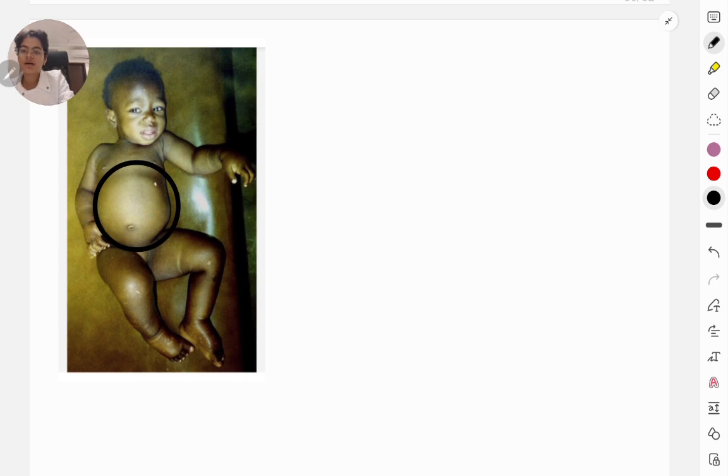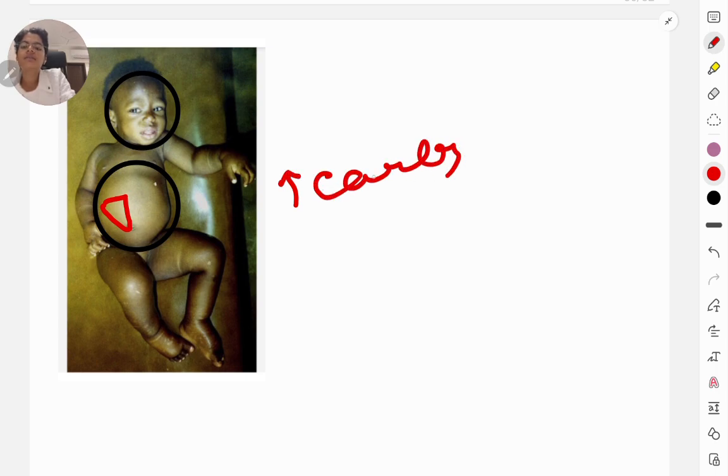Okay. There is a moon face. Then I think the liver would also be inflamed, and the child is having more carbs, but there is a bit of fat but not protein, so less protein.